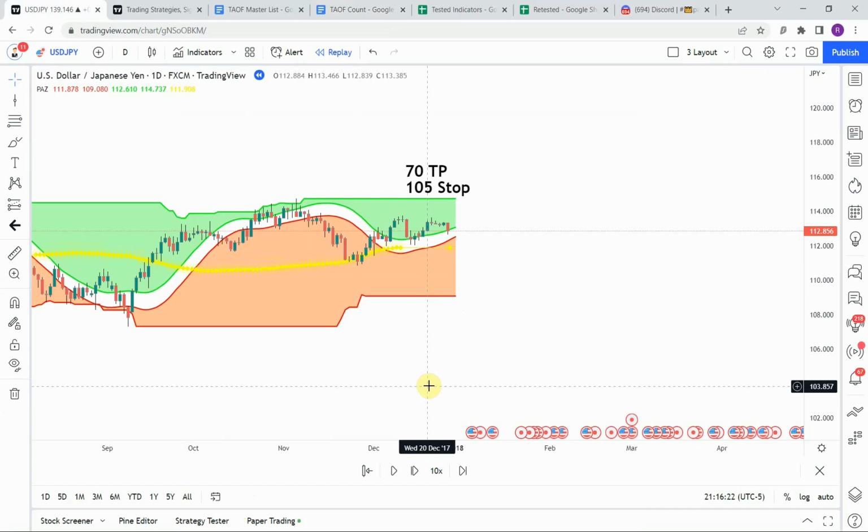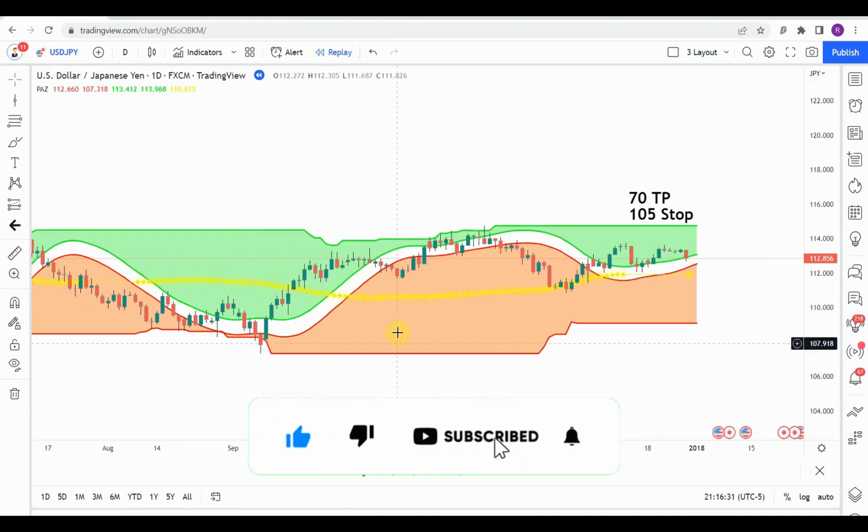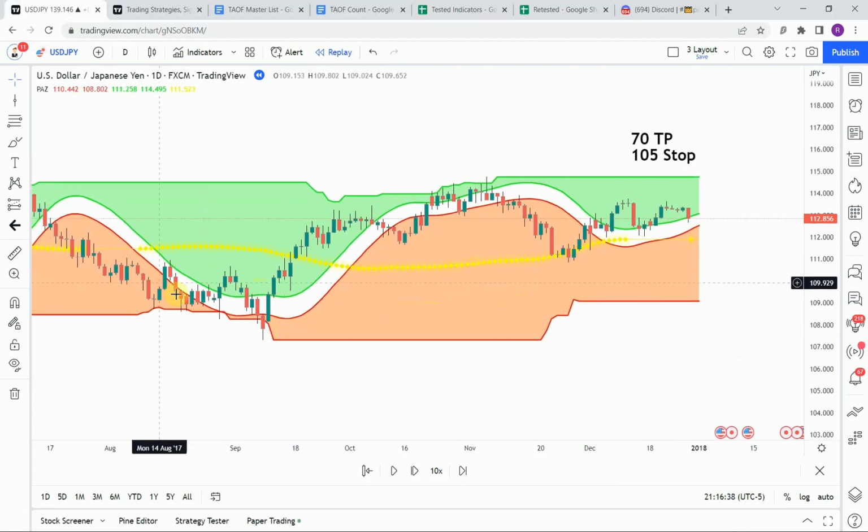Alright, so today's indicator is the price average zones indicator, and you can see it here on screen. Really what we're looking for is this green zone and this reddish orange zone here. What we are looking for is when price breaks into one of these zones.